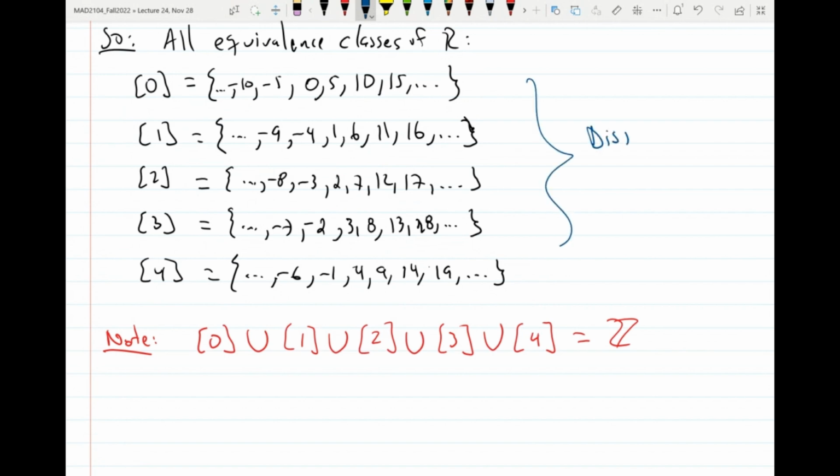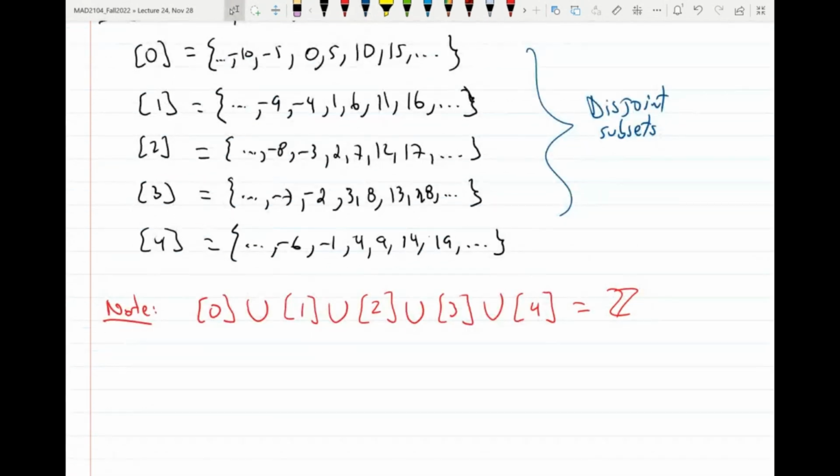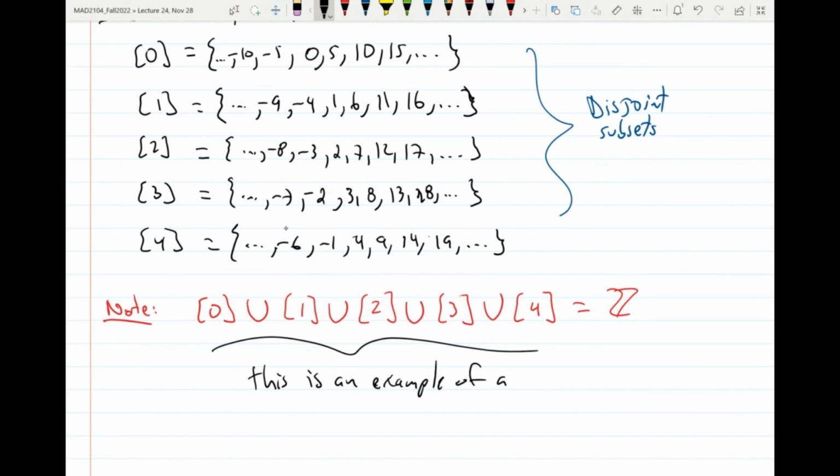These are disjoint subsets. Remember, disjoint means that the intersection is empty, okay? So this is called a partition. This is an example of a partition of the integers, okay?